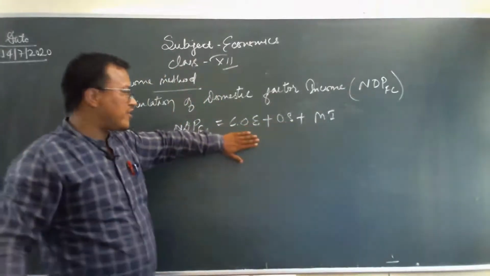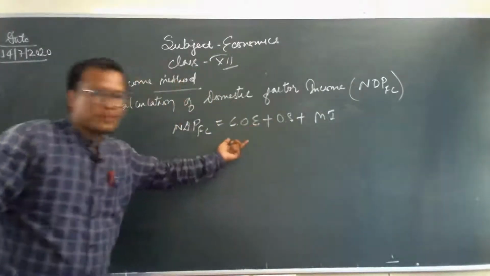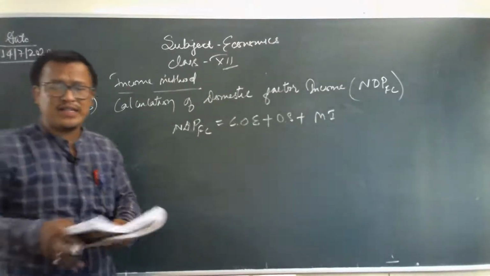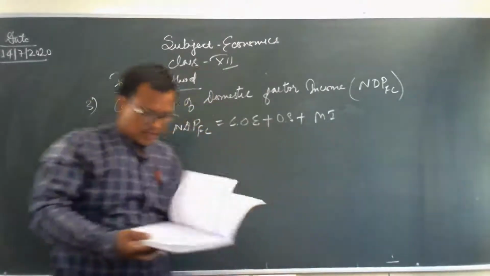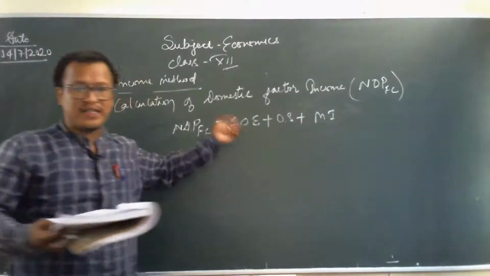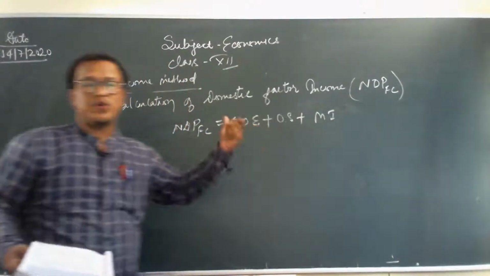Now in compensation of employee, all the factors will be included, like wages in kind, wages in money, or we can say wages in cash, wages in kind, and employer's contribution to the social security scheme.